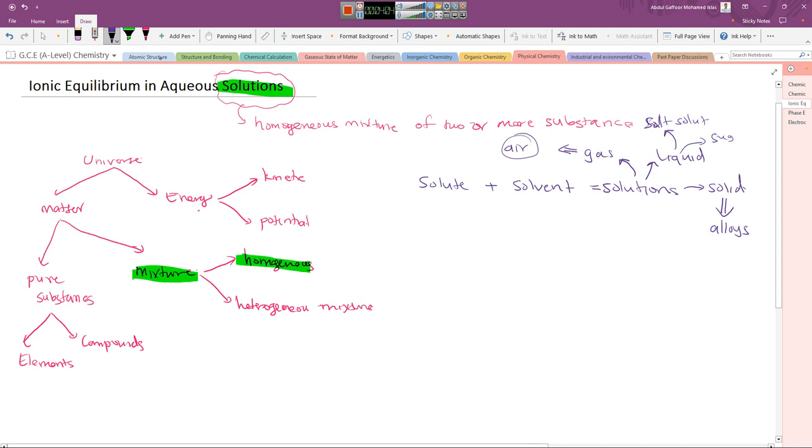Okay, now we will talk a little bit about this solute and solvent. Solute is present in small quantities in a solution, whereas solvent is present in large quantities in a solution.